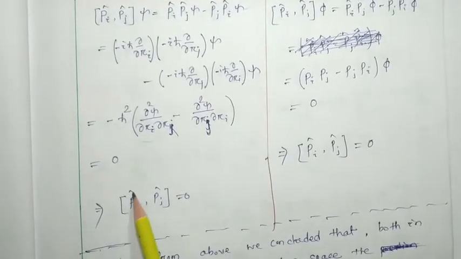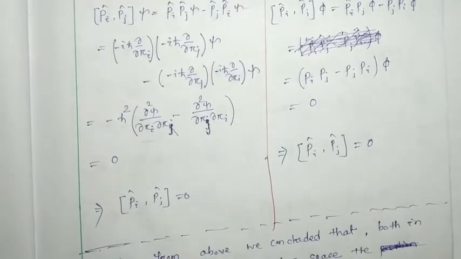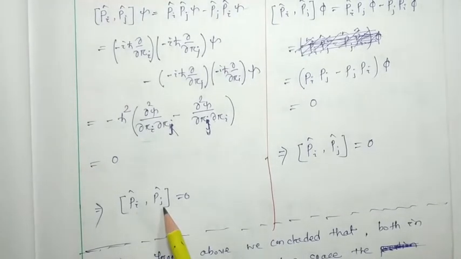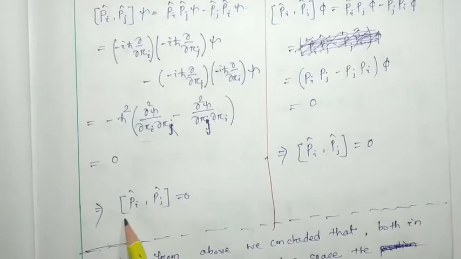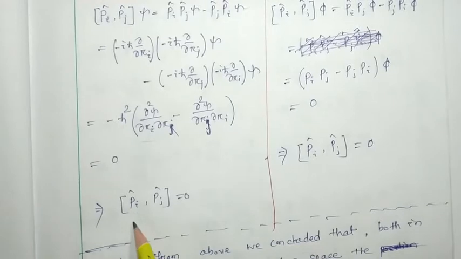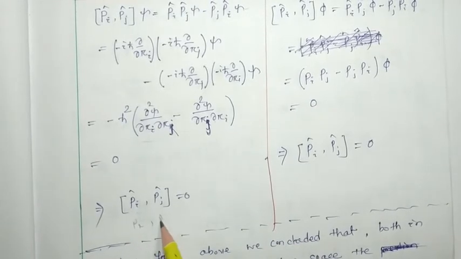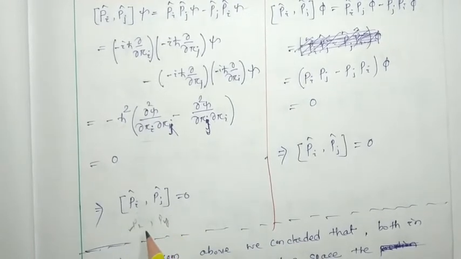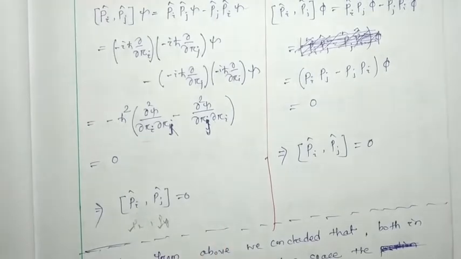That means px and py, the component of momentum along the x axis and the component of momentum along the y axis, both can be measured at a time accurately.